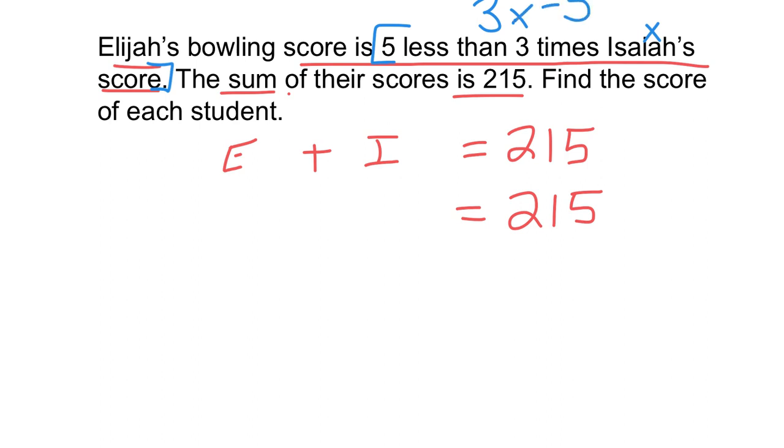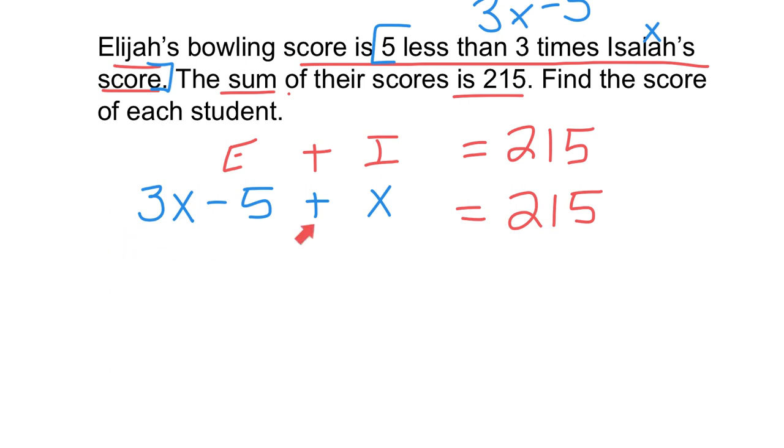That'd be 5 less than 3 times Isaiah. So I'm going to use that in place of Elijah over here. 3x minus 5, 5 less than 3 times Isaiah. Which means for Isaiah, I can just put a plain x, because if this 3x represents 3 times Isaiah, then this x could be just Isaiah by himself.